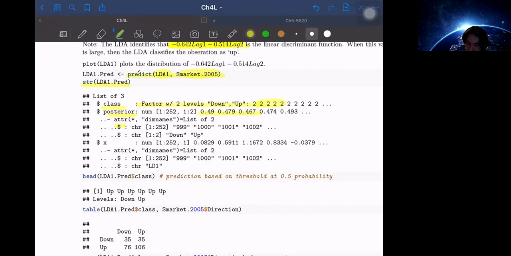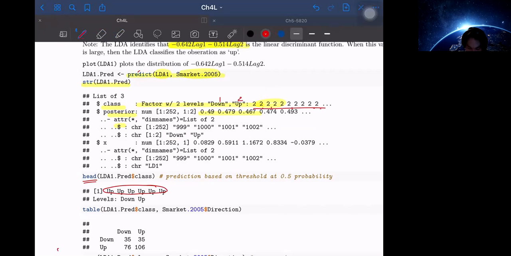Here 2 is up and 1 is down. So these observations are predicted as up. Actually the first three, maybe ten observations are all up. If we use head, it basically picks up the first 6 observations.